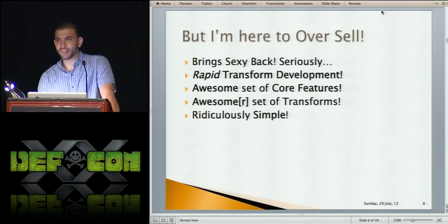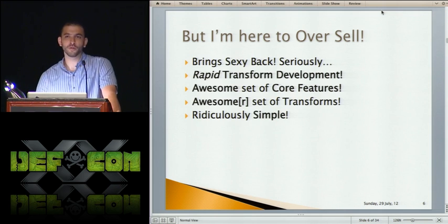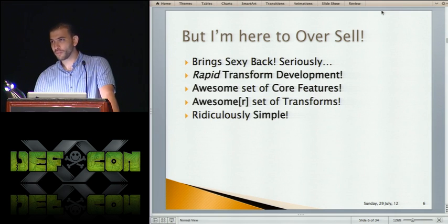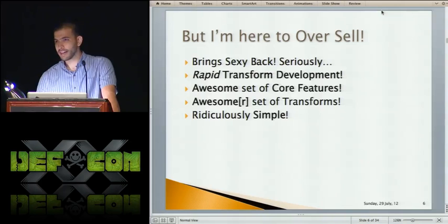But I'm here to oversell it. Andrew was telling me I was underselling it the whole conference, so I'm going to make my best to sell this. So it brings sexy back. Seriously. It's a rapid transform development framework. It's got some awesome set of core features. I was so addicted to developing this thing, I stayed up every night during our busy season until 4 a.m. And you know, it's got an awesome set of transforms. I really enjoyed learning the tech.